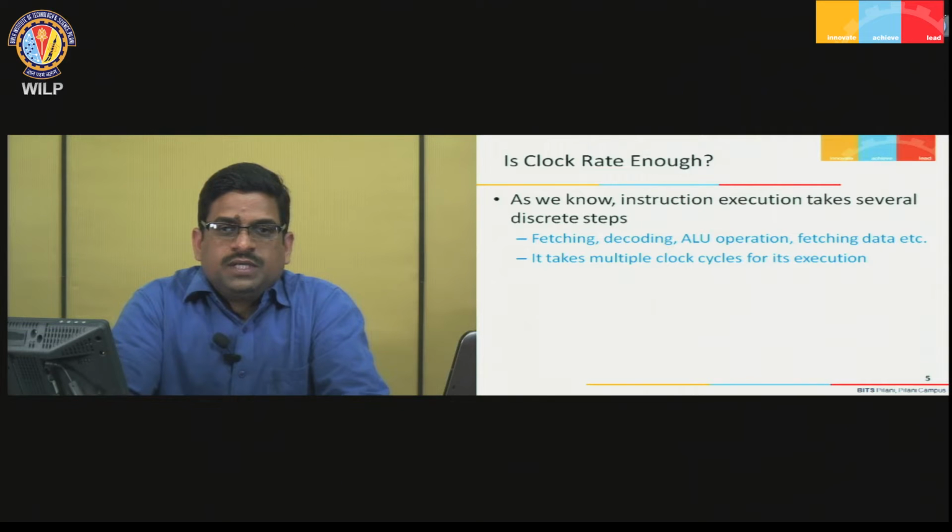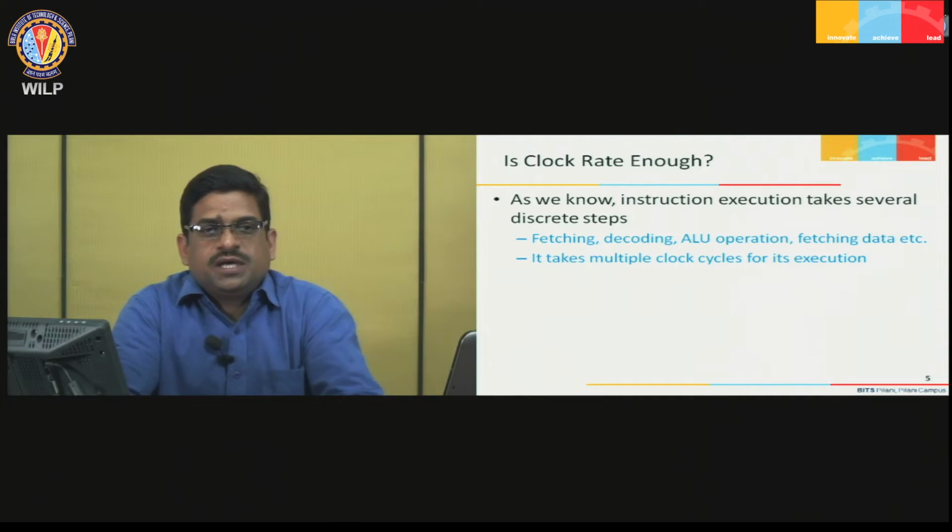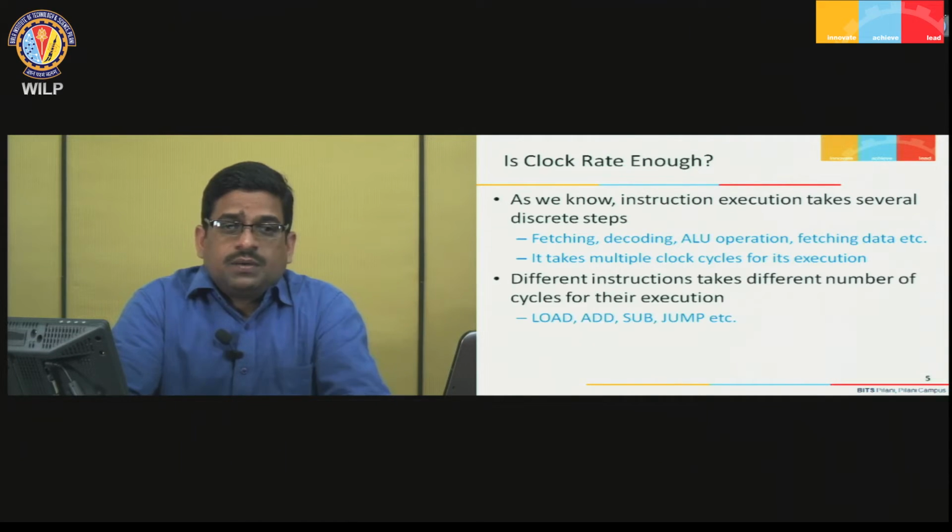Each operation, like fetching, takes some cycles, decoding will take some cycles, ALU operation will take some clock cycles. So each instruction takes multiple clock cycles for its execution. Now, that is for one instruction.